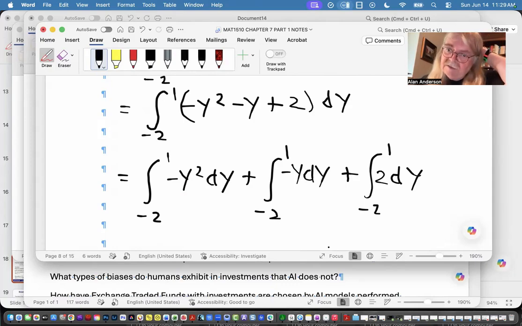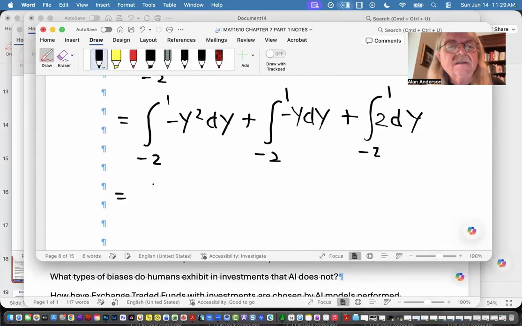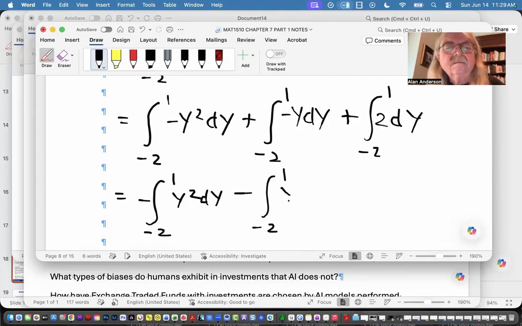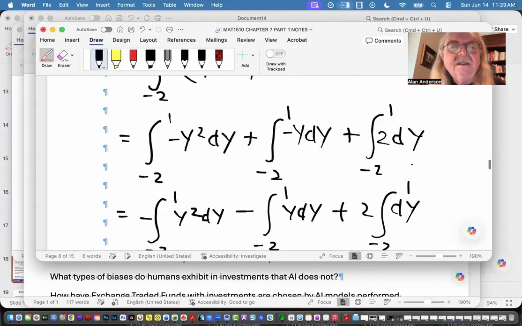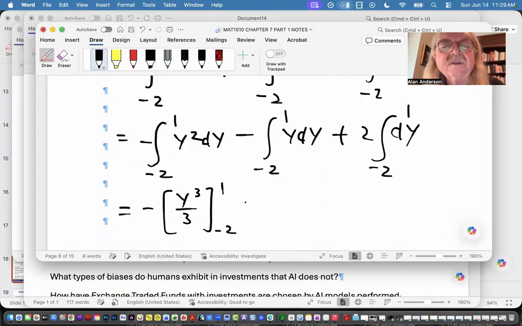Let's factor out the constants. Okay. And then, of course, we apply the power rule and evaluate between -2 and +1.